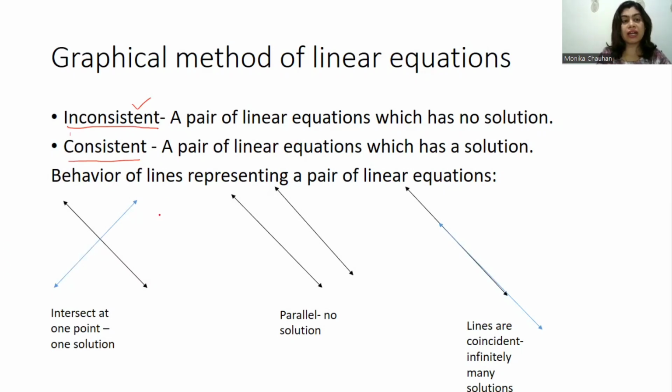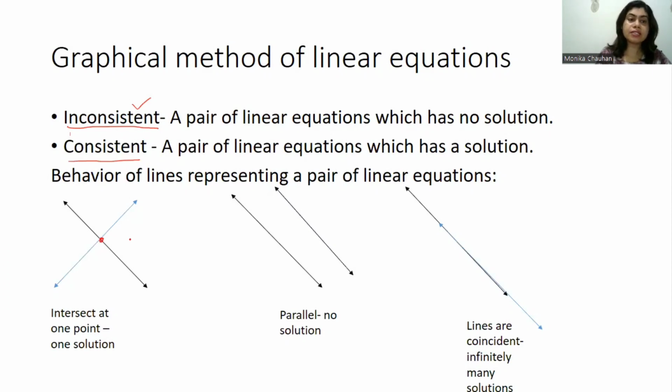Now check, I have got these lines to understand better. Suppose you plot the coordinates on the graph paper, and when you join those points, you get some line. When two lines intersect at one point, can you see? This is just an example I've shown.